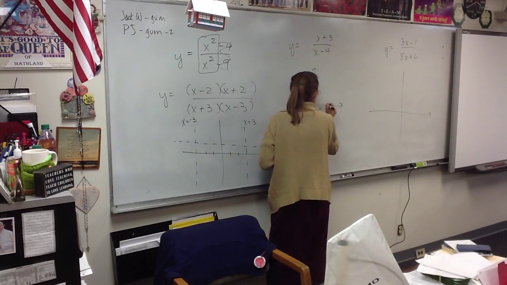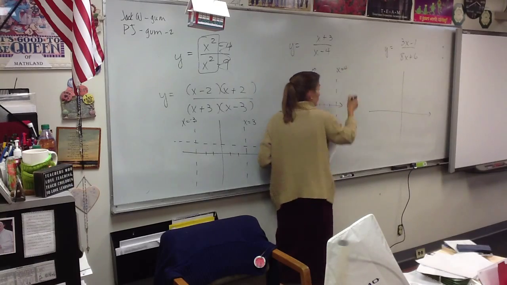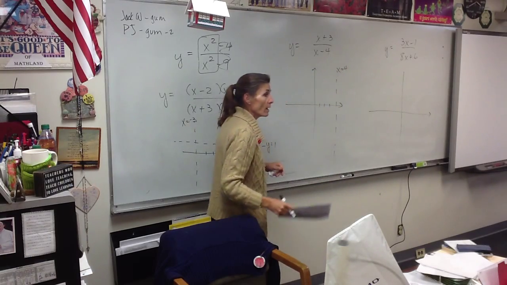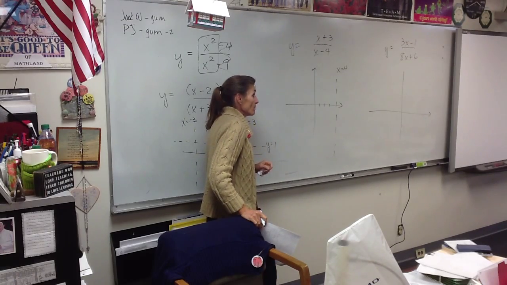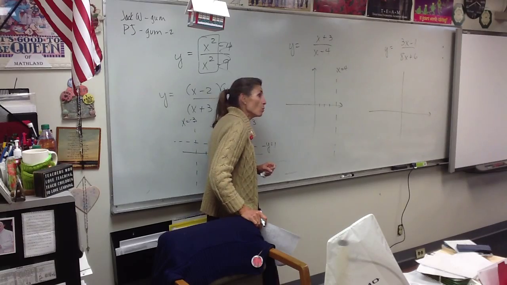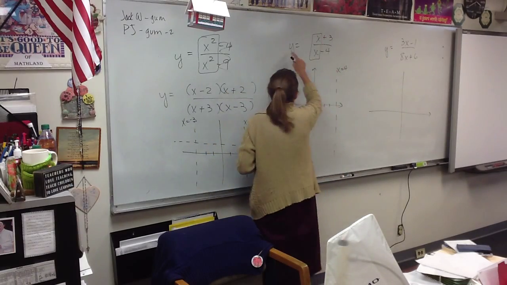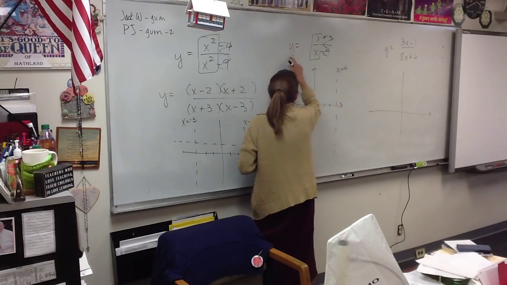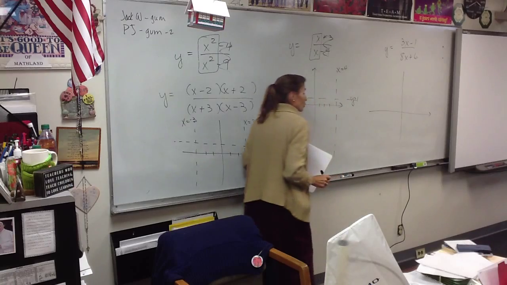Oh, x equals 4. Perfect. Why is it x equals 4? Because 4 is what makes the denominator 0. Where's my horizontal? 1. Very good. Kids, we've got x over x. Forget all the rest of it, it says y equals 1. Perfect.